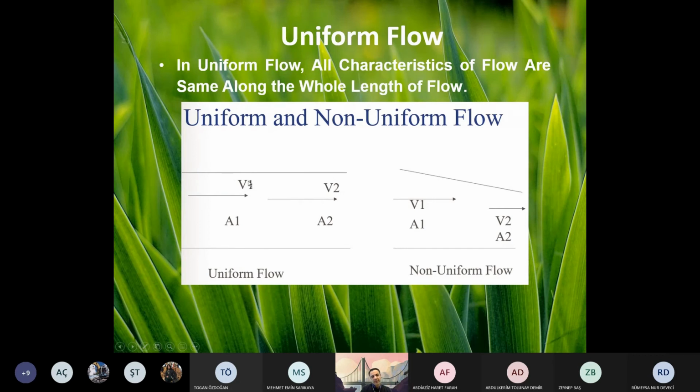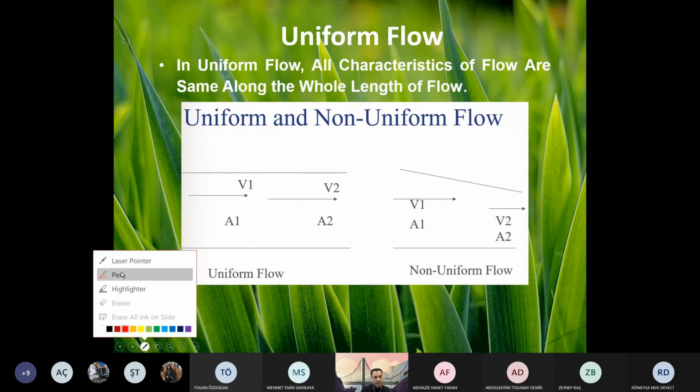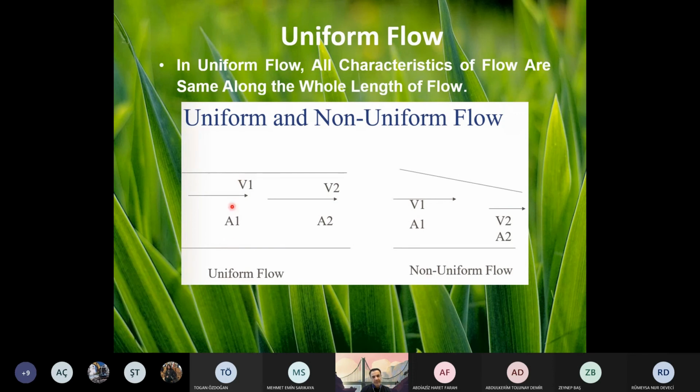For example, V1, assume this is our first section. Here we have one section, and here we have another section, and there is a distance between the two sections. In the first section, the average velocity of flow is V1.